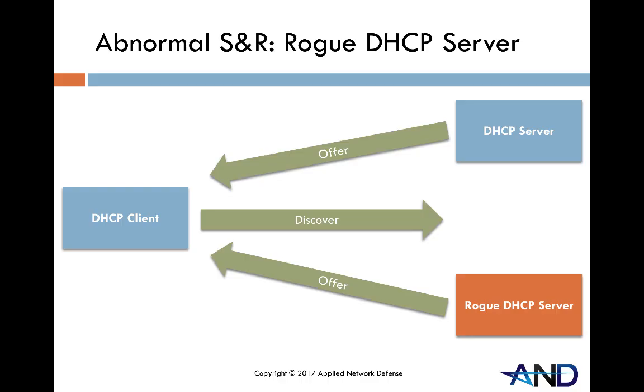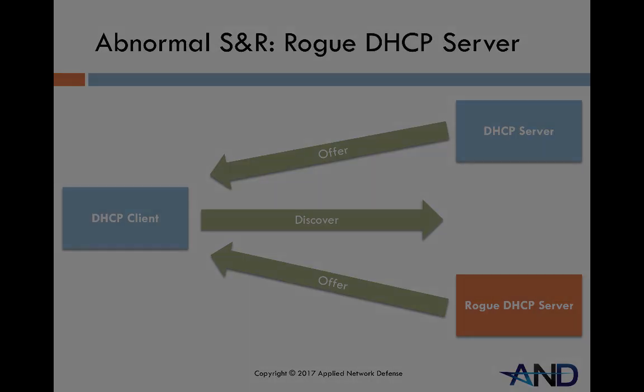So that would be the thing that would be weird, if you send a discover and you have more than one offer coming back. And then, of course, you can see which one the DHCP client is continuing the conversation with based upon which one got there first. But nonetheless, this is the abnormal stimulus and response that occurs when a rogue DHCP server, or at least a second or third DHCP server, winds up on the same broadcast domain as another DHCP server.